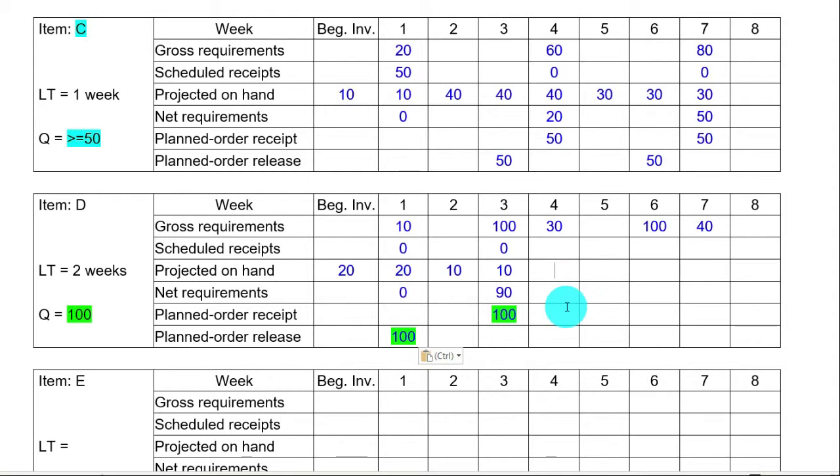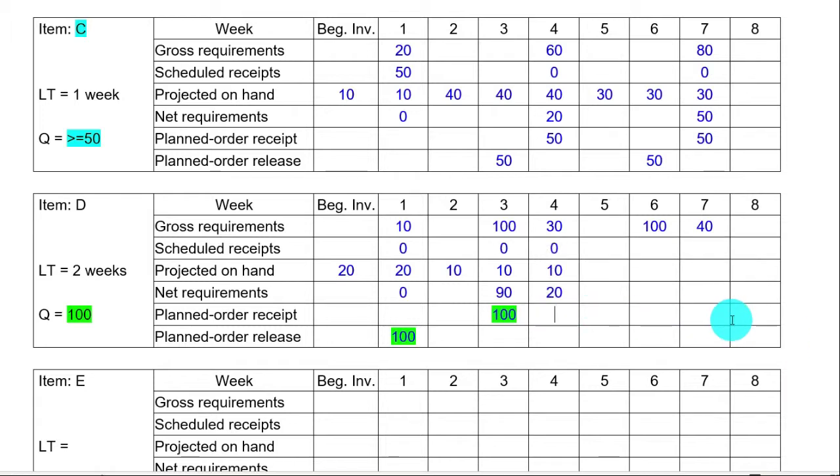Next, on hand in week 4 is 100 minus 90, which is 10. Net requirement is 30 minus 0 minus 10, which is 20. So you need at least 20 to arrive just in time in week 4. You place an order for one lot.